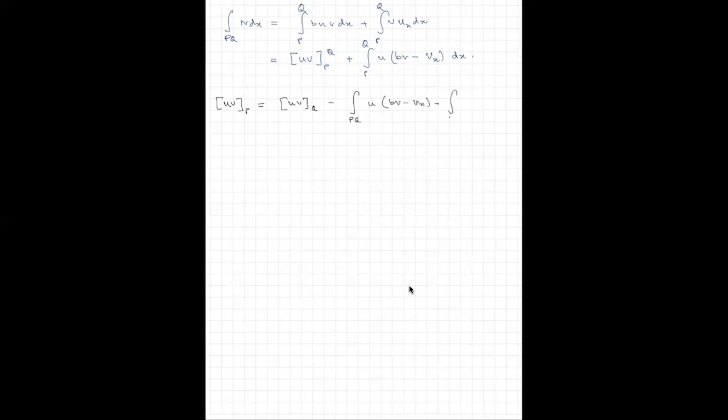Similarly, there is going to be an integral over RP of u(av minus v_y).